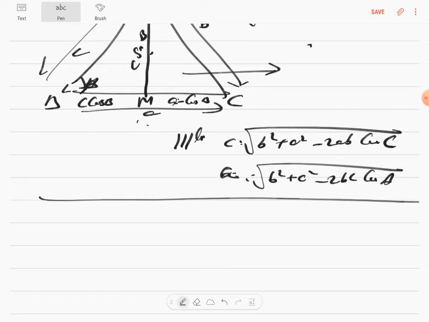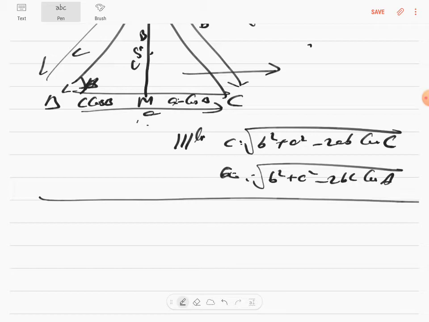What is tan beta? When you construct the parallelogram into a right triangle, tan beta is the angle the resultant makes with the adjacent side. Tan beta is equal to B sin theta by the adjacent, which will be A plus B cos theta.